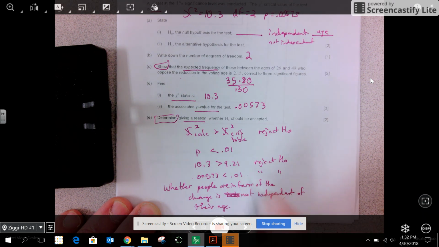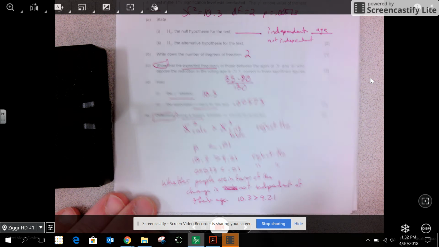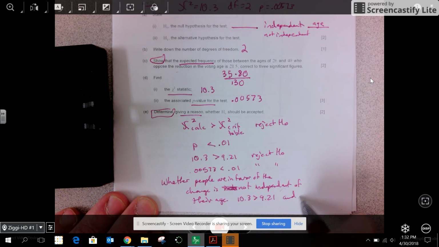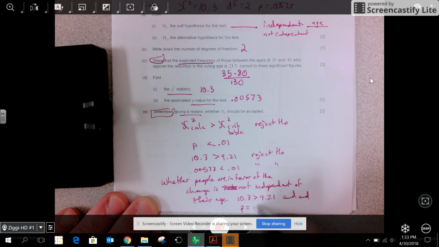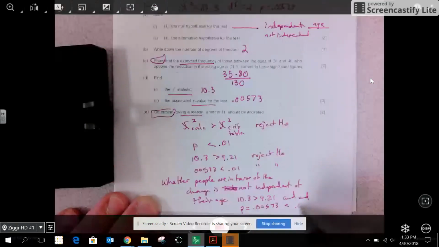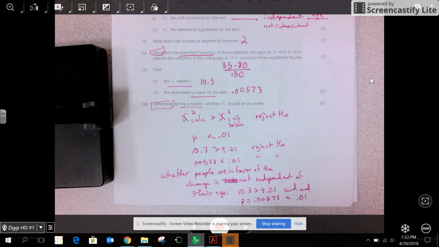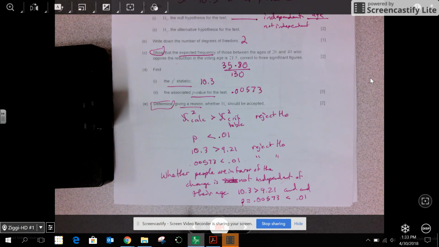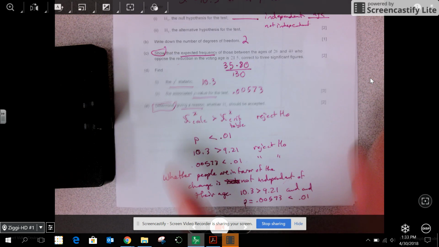And then I would include this, and you could even say further, and the p equals 0.00573, and that is less than 0.01. So further supports it. So there's your reason behind that. Sometimes it's one or the other, sometimes it's both.